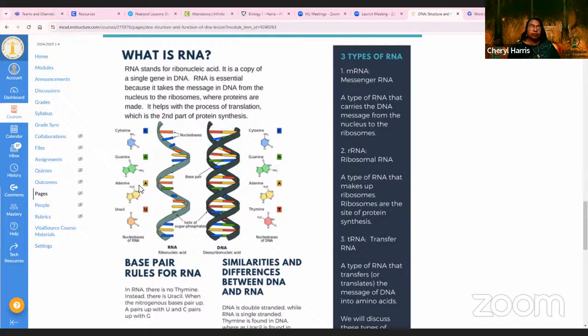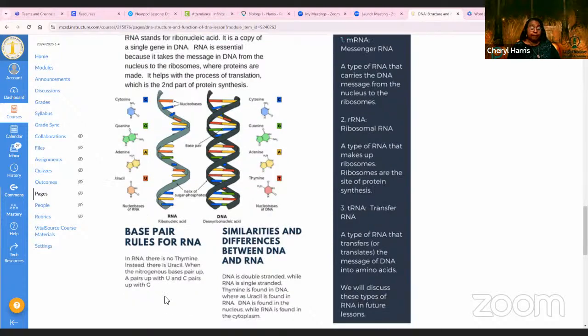So your guanine is still going to bond with cytosine. But instead of A and T, you're going to have A and U for RNA. Okay? All right, so you have this rule down here. So that's a difference.